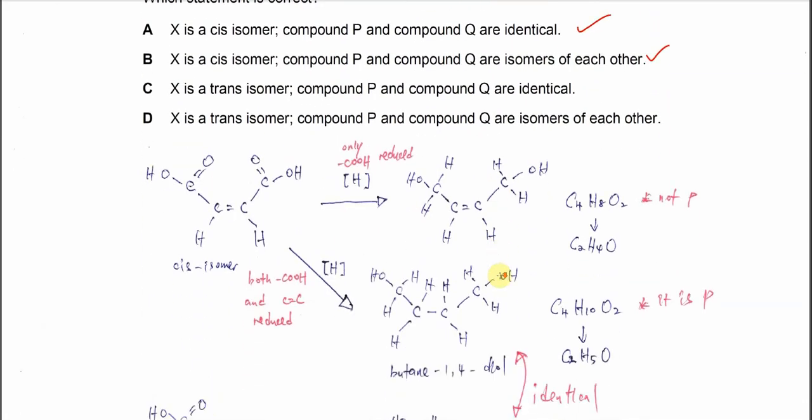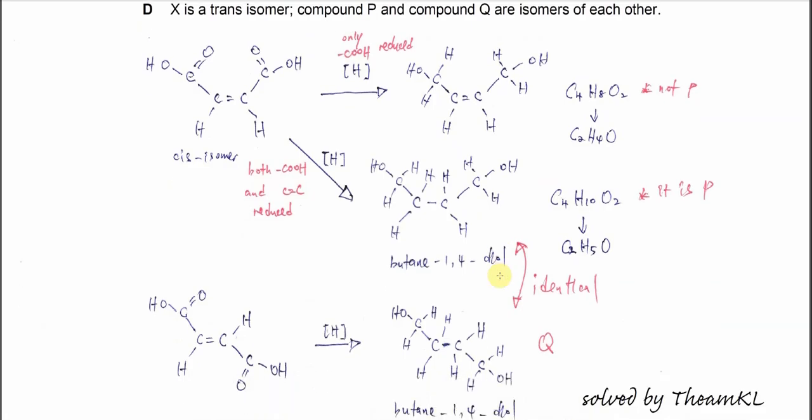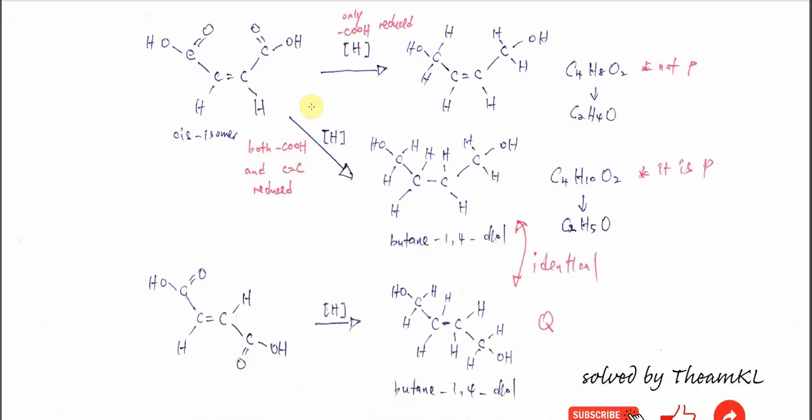Okay, so let's start with this reaction. For the reduction of this isomer, let's use this X isomer, the cis isomer, as an example.